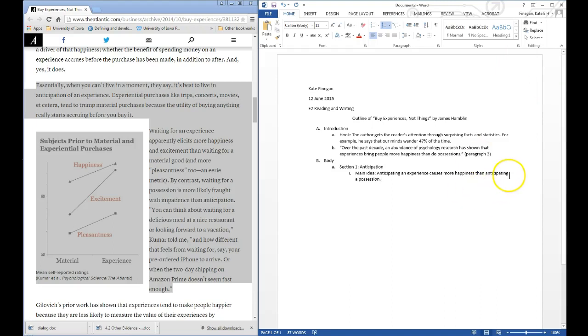Okay, or maybe anticipating the ownership of a possession. Okay, and then let's look for some supporting details. So let's see.